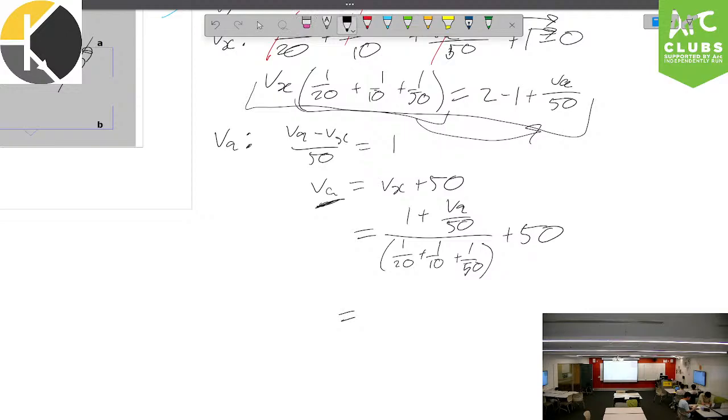So we end up with VA, sorry, I should not do an equal sign immediately, group the VAs, so I get 1 plus, it'll actually be minus, my bad. So 1 minus 1 on 50, all divided by 1 on 20 plus 1 on 10 plus 1 on 50.